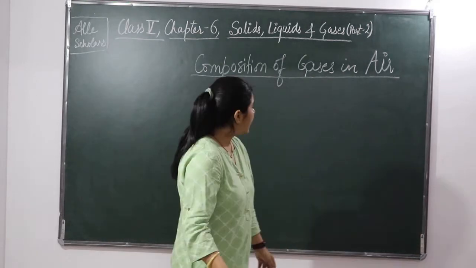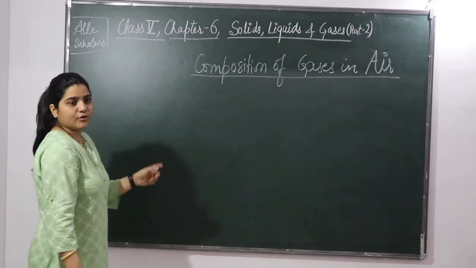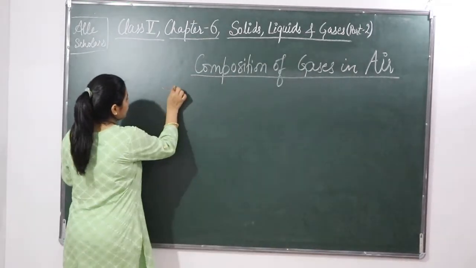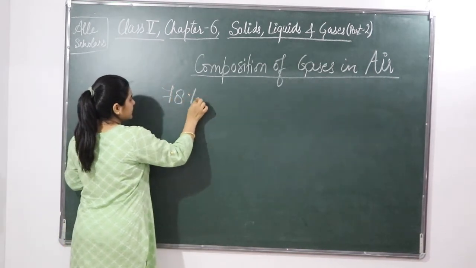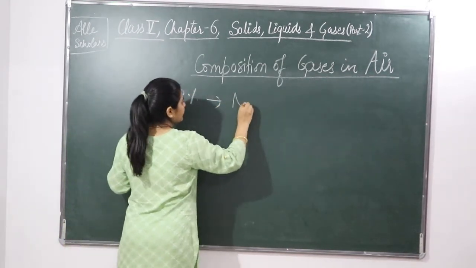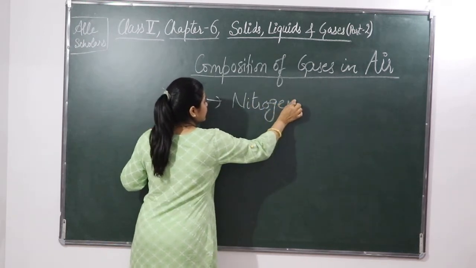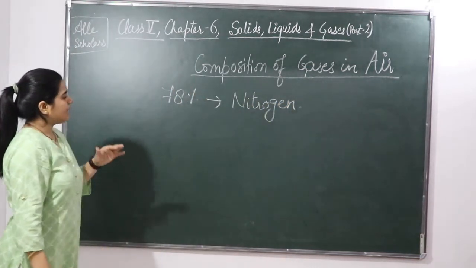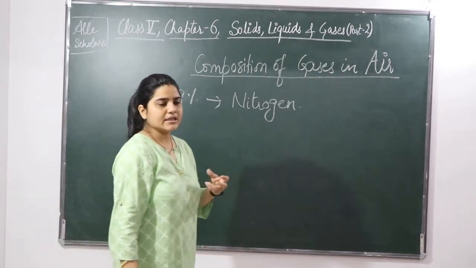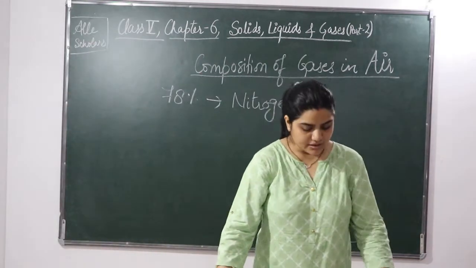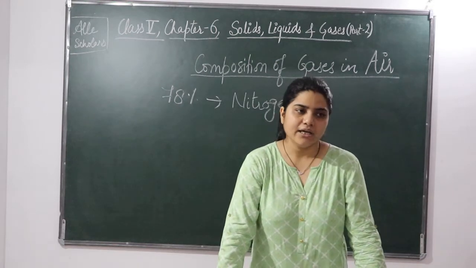Nitrogen covers 78% of the air. So nitrogen plays the major role, it is the biggest gas in the air.